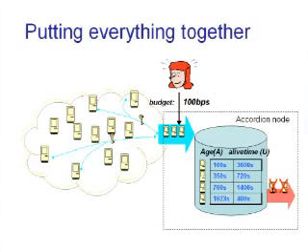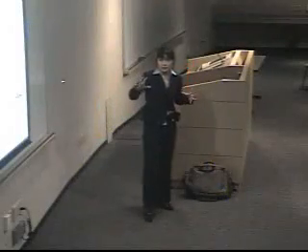So putting everything together, for each routing table entry, Accordion maintains the age of the entry and the last known uptime for that particular entry. It also propagates this information to other nodes as they learn about each other.